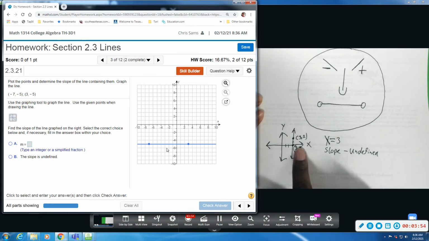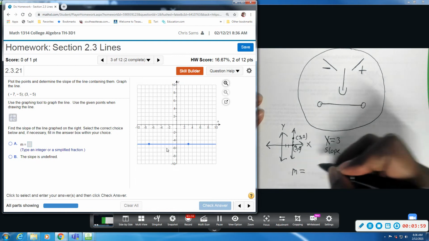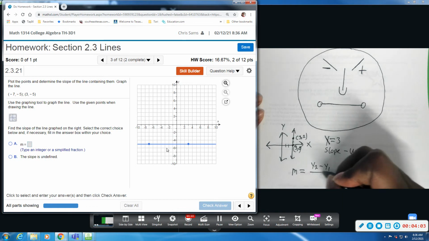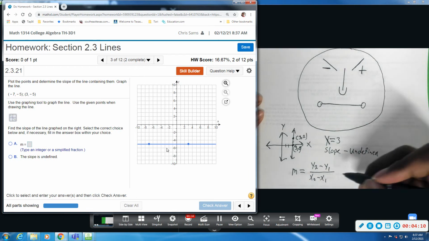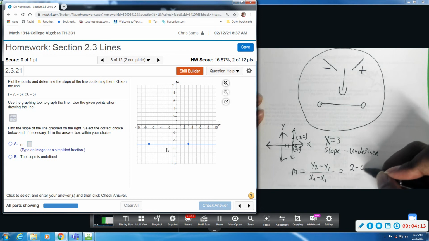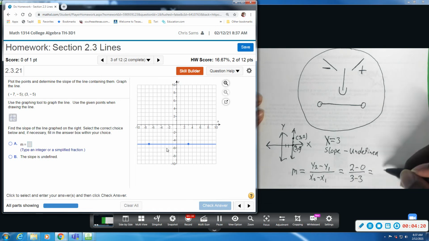If we were to do the slope formula here, so remember m equals y2 minus y1 over x2 minus x1. The y value is 2 minus 0, but the x value on the bottom would be 3 minus 3. When you do this math, you would get 2 divided by 0, and we cannot divide by 0. That's undefined.